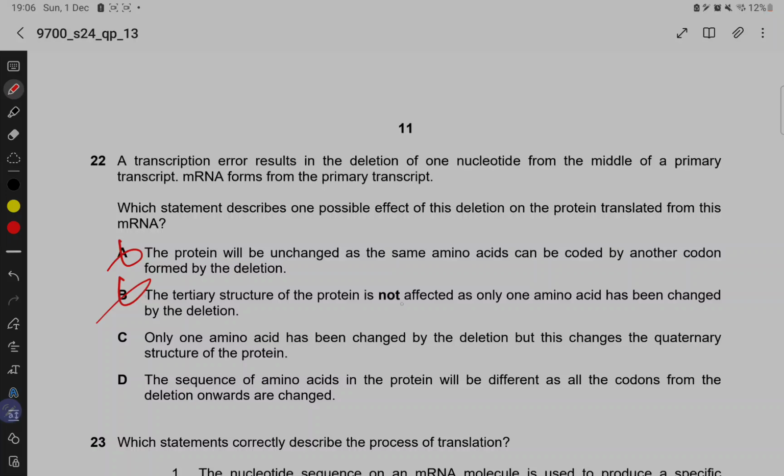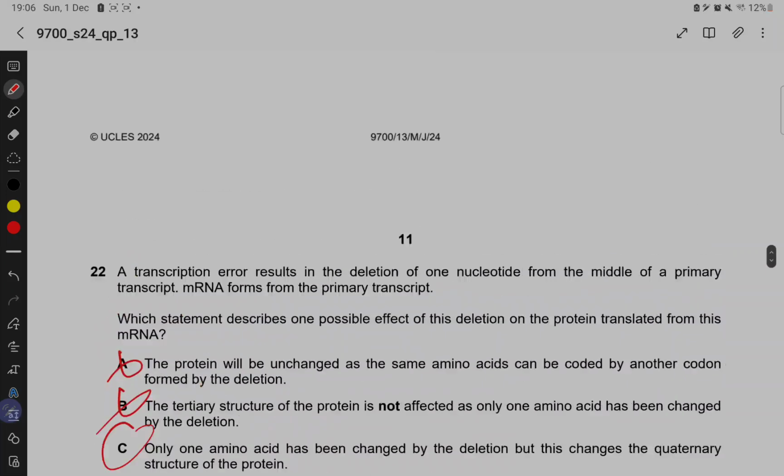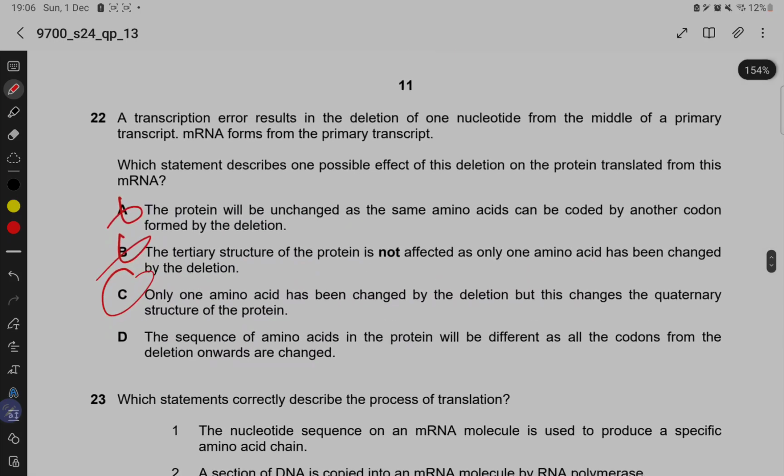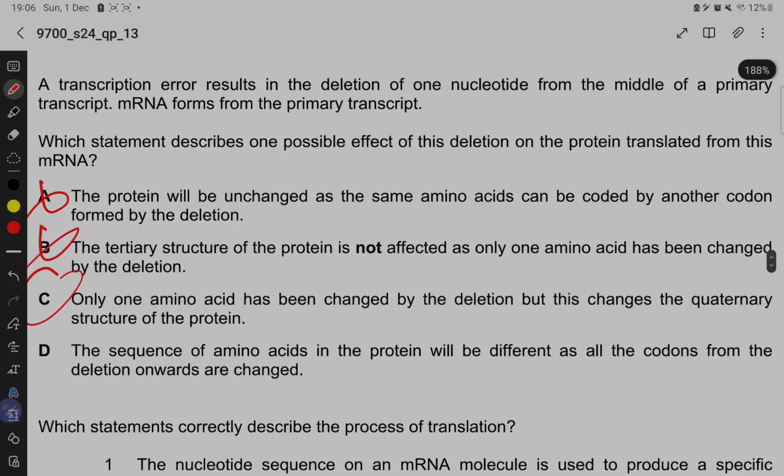Yeah, B is wrong. You'll definitely be affected. You're changing your primary structure. C is correct, cause as we stated before in one of the questions, your secondary, tertiary, and quaternary are all affected by the primary structure. Deletion changes your primary structure.